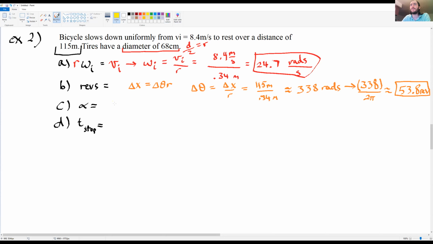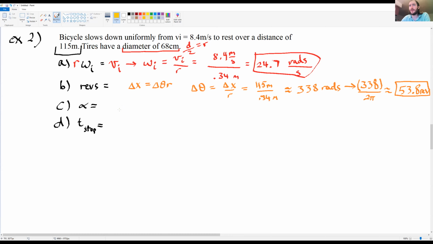So yellow is up next, but let me use this darker yellow so it's a little bit easier to see. So for the next part, we're looking at calculating alpha. Now, we're not given a translational acceleration in this problem, but we're told it's a uniform acceleration. So it slows down uniformly.